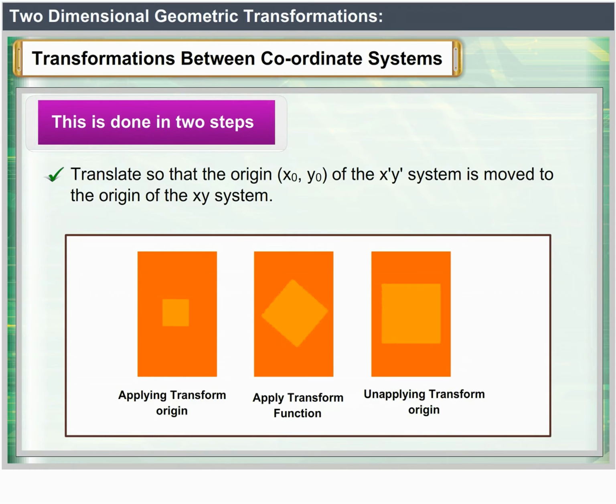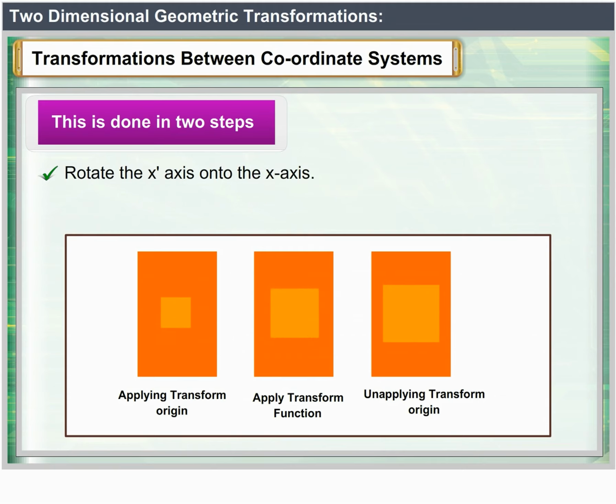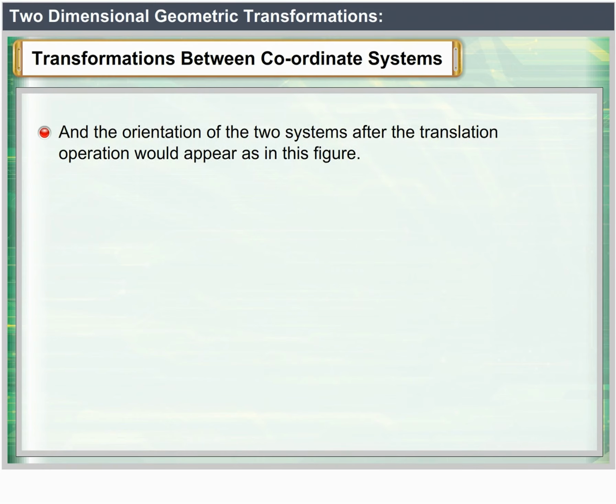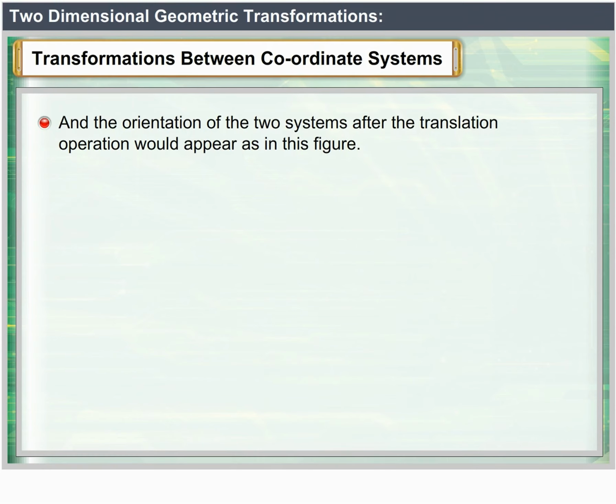Translation of the coordinate origin is expressed with a matrix operation, as shown below. And the orientation of the two systems after the translation operation would appear as in this figure that follows. Position of the reference frames after translating the origin of the x'-y' system to the coordinate origin of the xy system is shown in this figure.